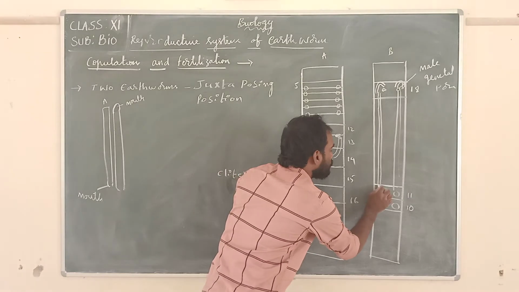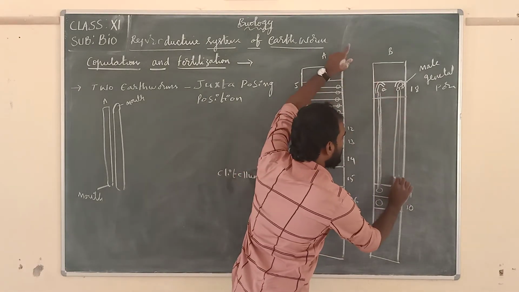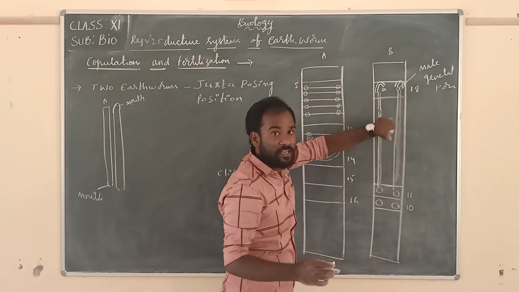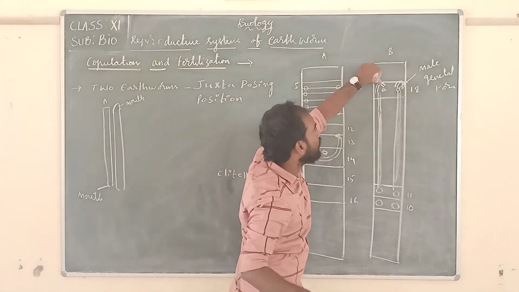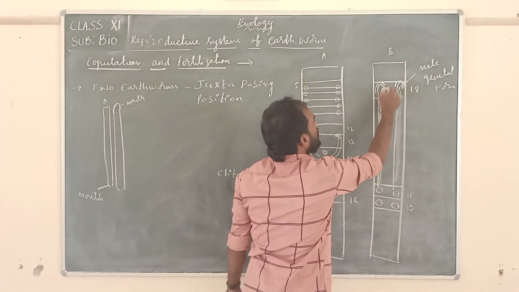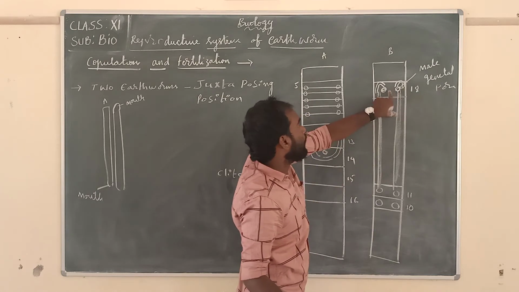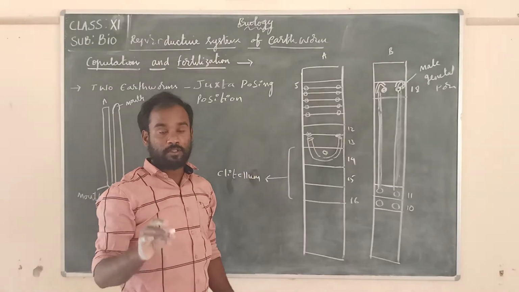Those sperms will move through the vas deferens. From the vas deferens, those sperms will move to the common prostatic and spermatic duct, and from that common prostatic spermatic duct, they will move to the male genital pore.